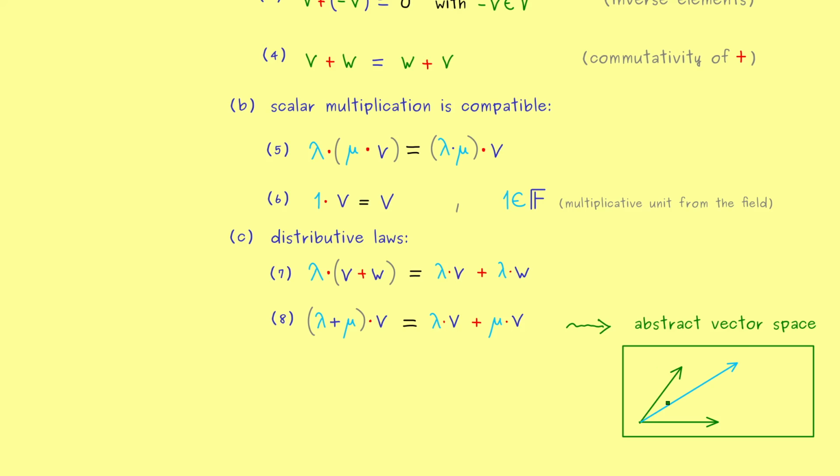However, you should always keep in mind that the elements of a vector space are not arrows, we only use them for the visualization. Indeed, the elements of a vector space, so-called vectors, could be very abstract objects. And I can already promise you, in the next video we will see such nice examples.